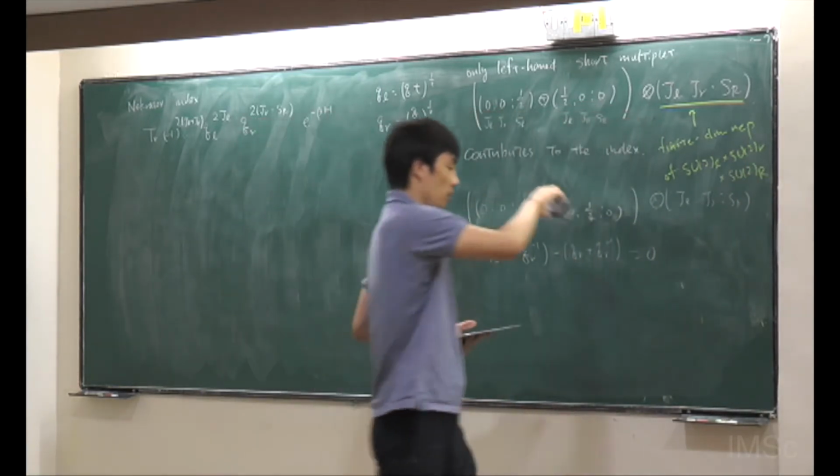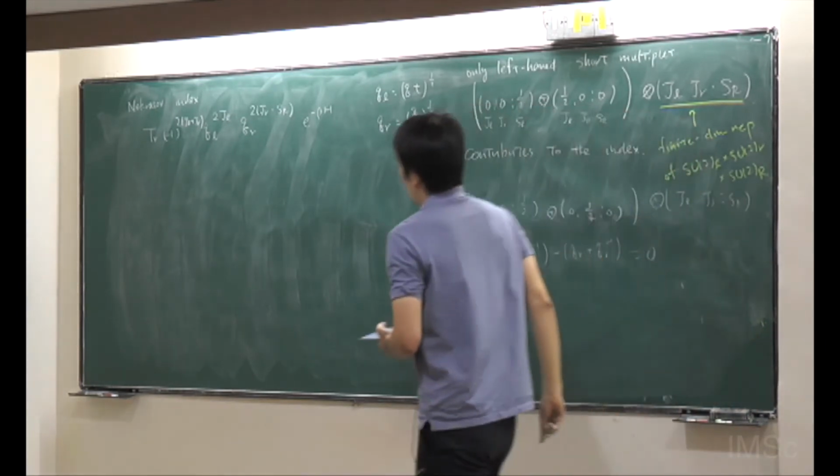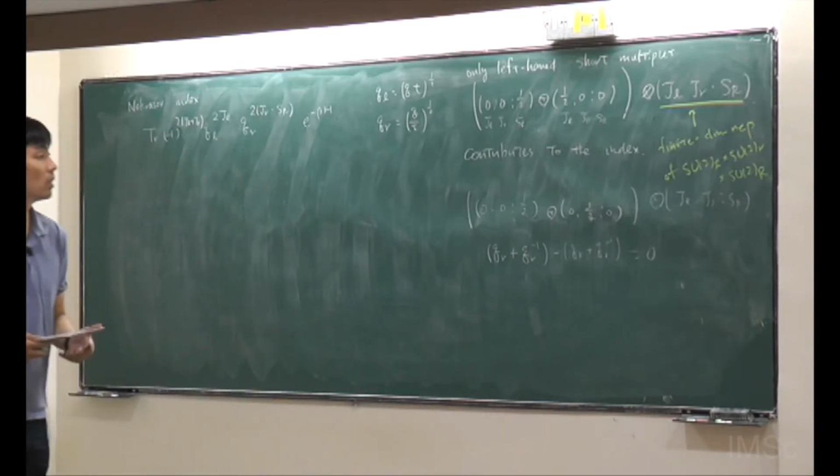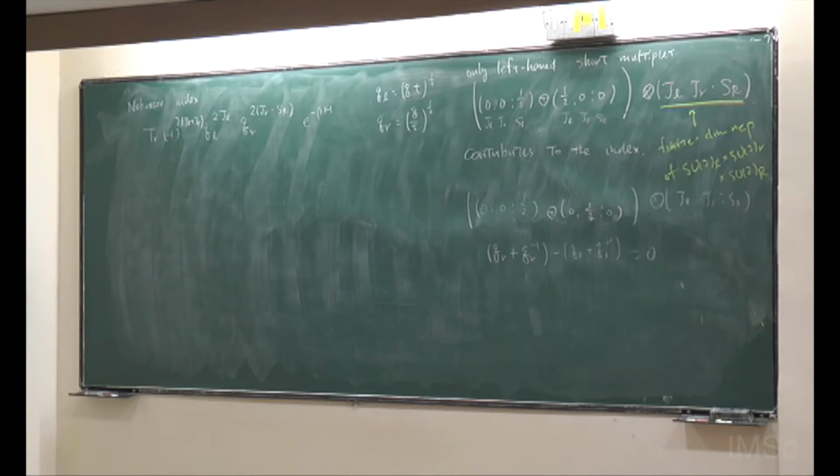I just want to consider the higher dimensional representation of the Lorentz and R symmetry that is also annihilated by these supercharges. There are infinitely many states.